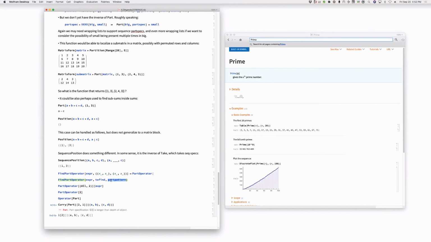Well, one question is, is find part actually writable? In other words, is there an obvious calculus of when you can use spans, when you can use Alls, stuff like this? I would say the first thing is to write the function that returns only numbers and lists of numbers. And then there would be a second step of trying to simplify those results.